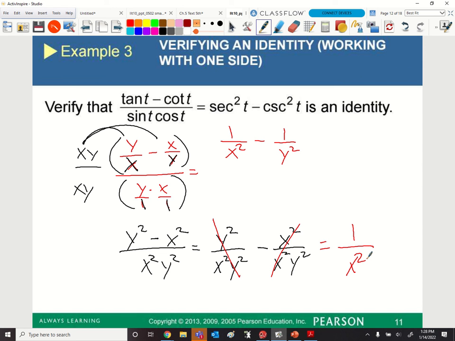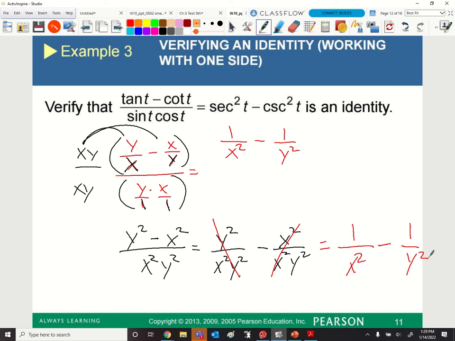What do we do with the y squareds? I canceled out. So if I cancel the top of a fraction, what's left on top? A 1, very good. Over x squared, right? And now I'm over here. Oh. Okay, I got you. Minus, now over here, what am I going to do? It's going to be 1 over y squared.